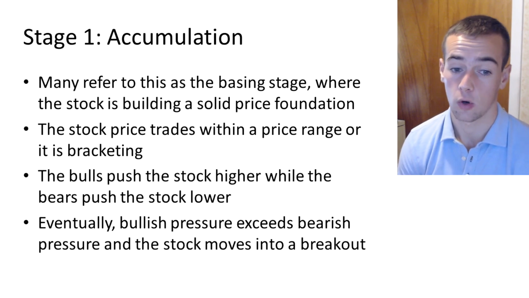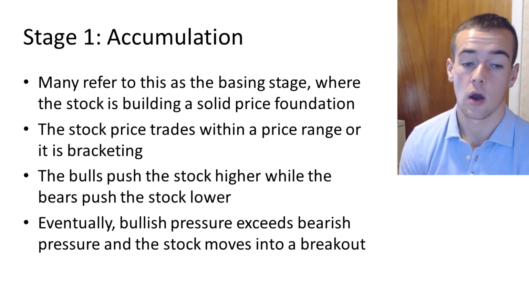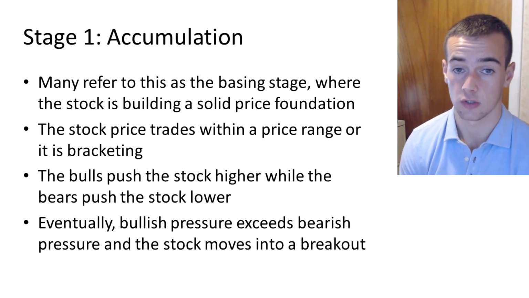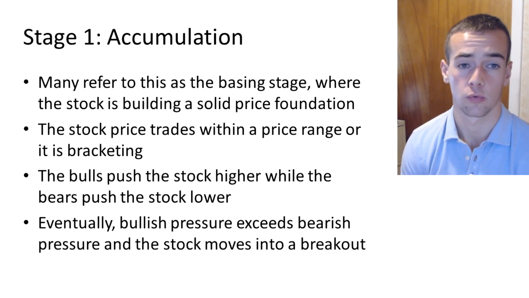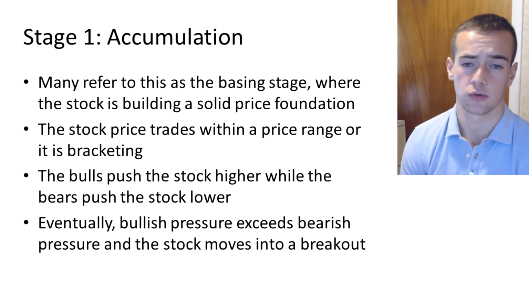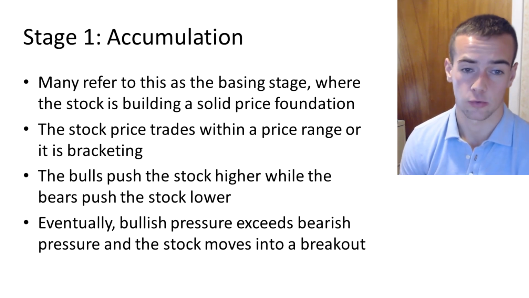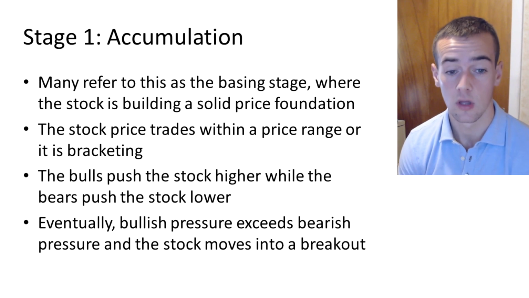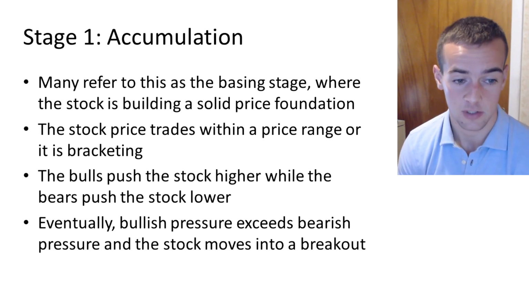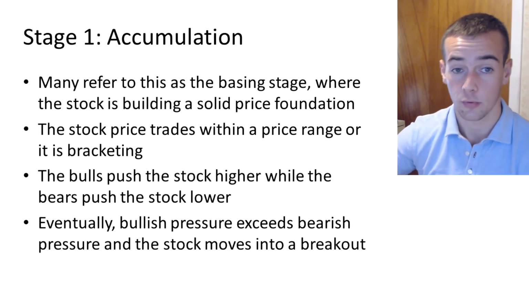What could also happen, though, is that the bearish pressure could outweigh the bullish pressure, and it could break through that support and go into a downtrend. But we're going to go through the 4 stages, and you'll understand what that downtrend looks like. For this example, let's say the bullish pressure exceeds the bearish pressure, and the stock moves into a breakout.